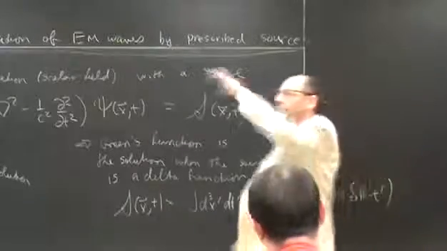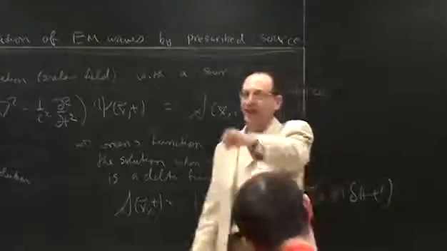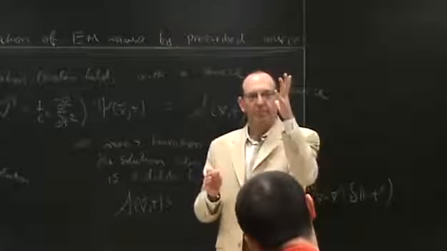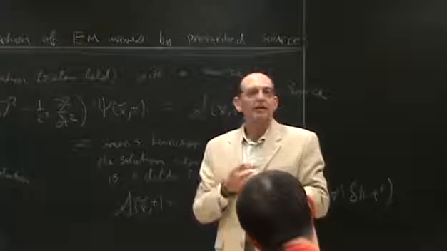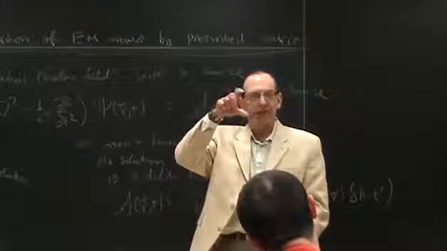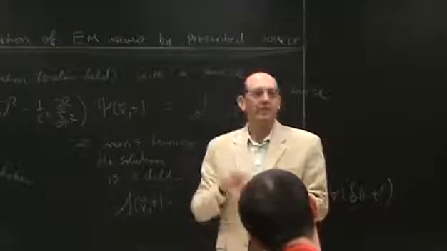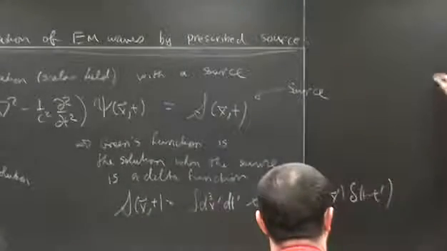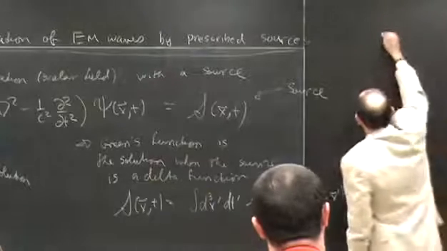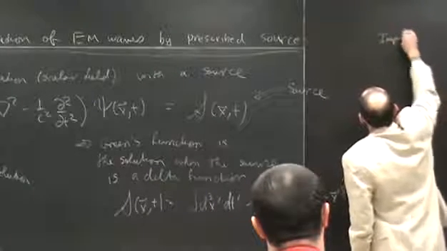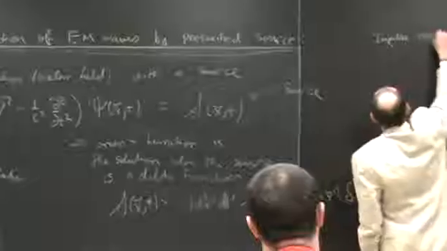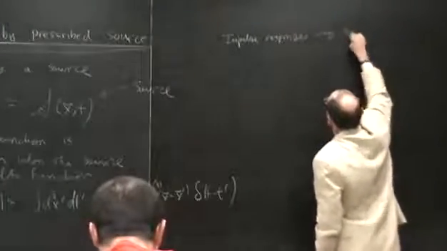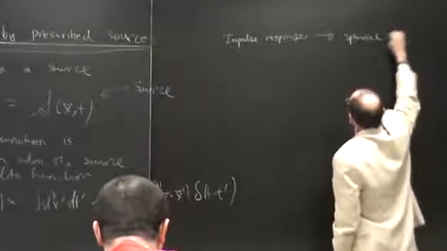What's going to happen when you have this impulse? It's like dropping a pebble into a pond. Right at that point, right at that instant, you will get emission, as we expect from an impulse response. In this case, it should give us a spherical wave.